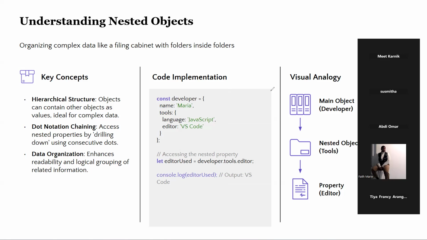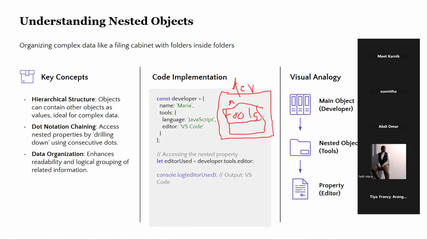Let me try to paint a picture of what the object would actually look like. This right here is our developer object. Inside it, we have the name, and the tools will be another object itself. Since this is a whole object, it is stored as a completely different folder.